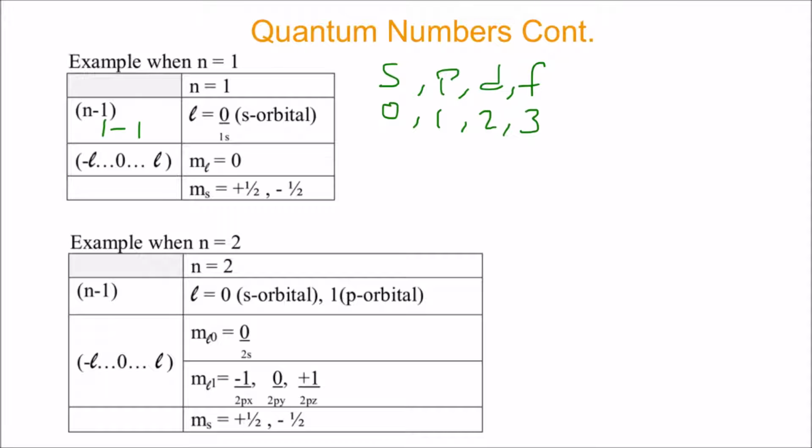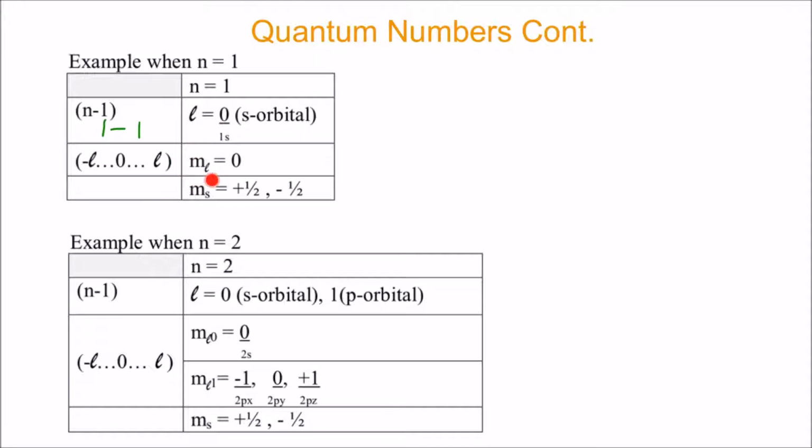So S is the same thing as L equals 0, P is L equals 1, D is L equals 2, and F is L equals 3. So here we have L equals 0, which is telling us that it's an s orbital. And since we're at the first quantum number, it's the 1s orbital.